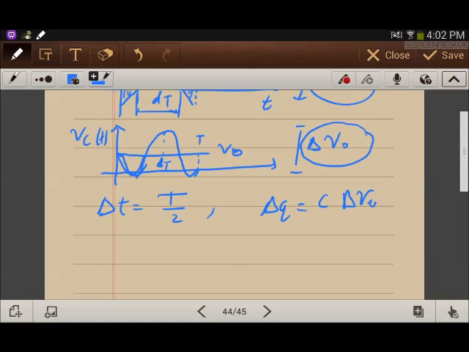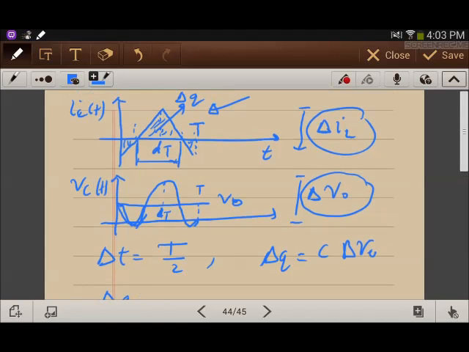So if I want to find the delta Q, I want to find the area that is here.